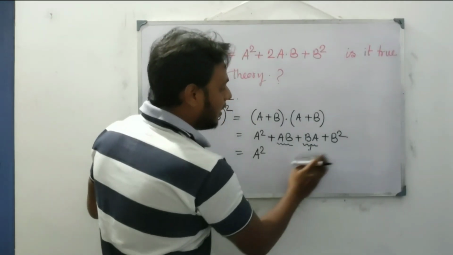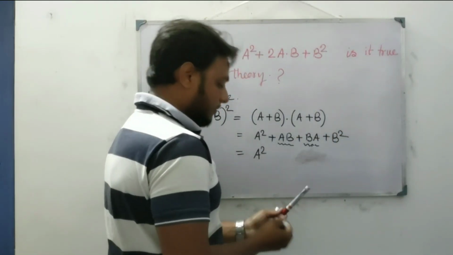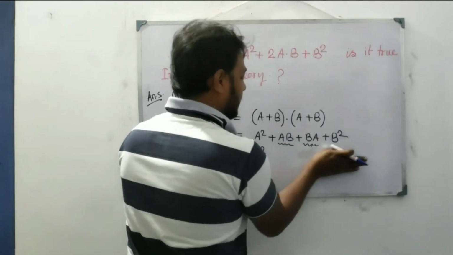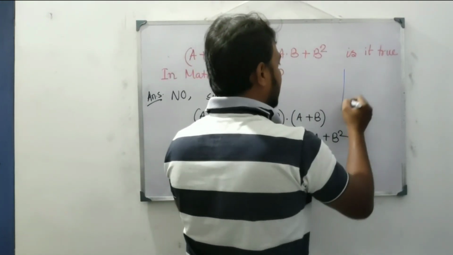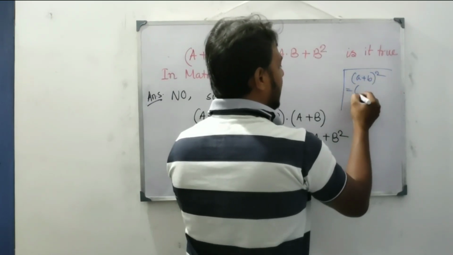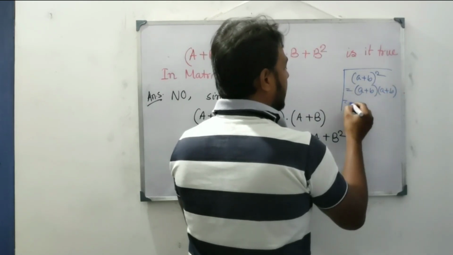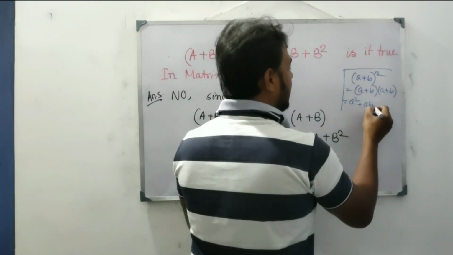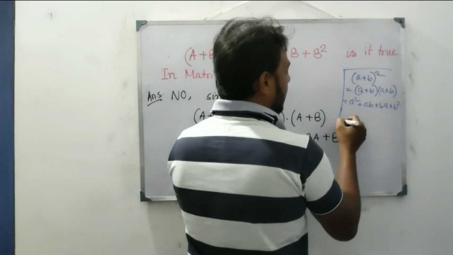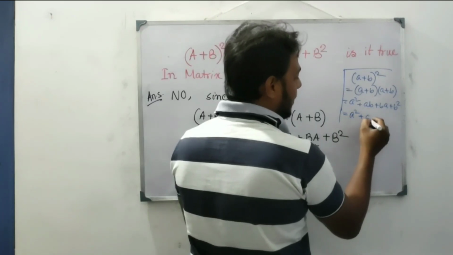I am solving here on this side. In number theory, when A plus B whole square, if you expand it, then A plus B into A plus B equals A square plus AB plus BA plus B square. In number theory, AB and BA are the same thing.